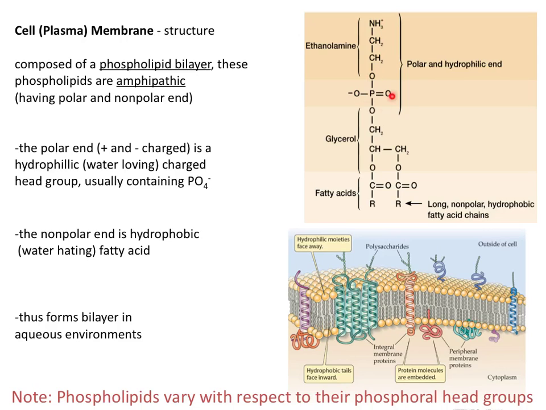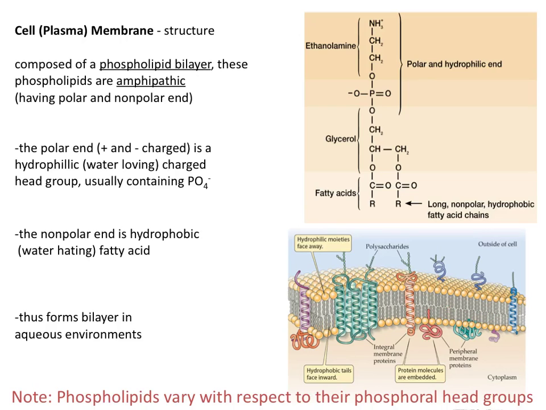So up here is the phospho part, and it has a head group. This is the head group, and it's the polar and hydrophilic end, that is, it likes water. And down here you have glycerol attached to these long fatty acid chains. And these fatty acid chains are the pieces that form this inner part of the membrane, and they are hydrophobic.